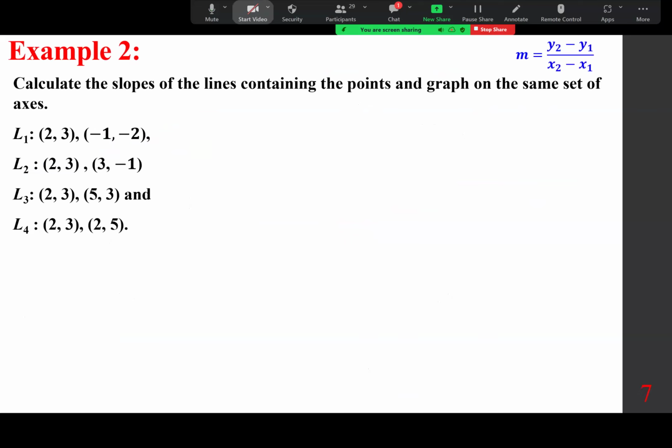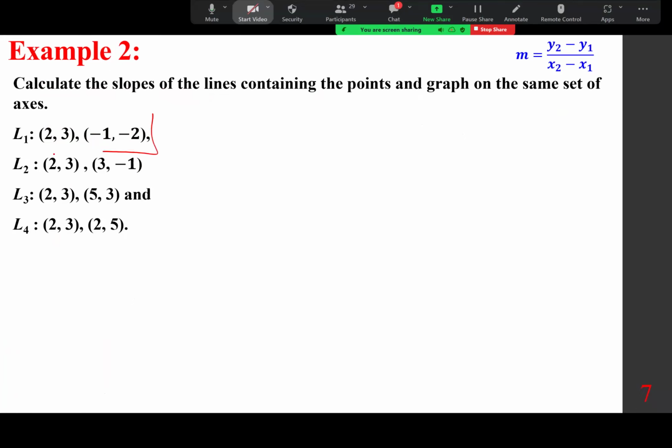All right. I'm going to do this pretty fast because, again, we've seen this many times before from algebra. Calculate the slopes of the lines containing the points and graph them on the same set of axes. For the sake of argument, if I want to calculate this, I'll show you one and then the answer for all of them.